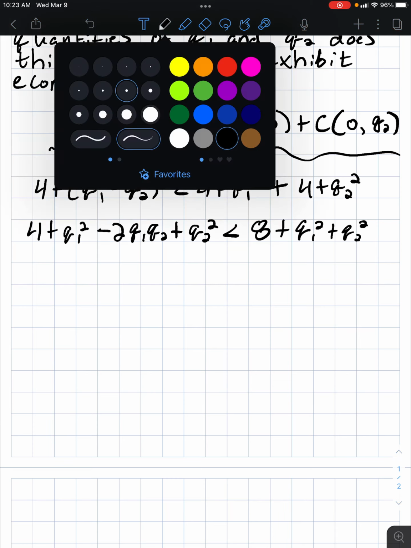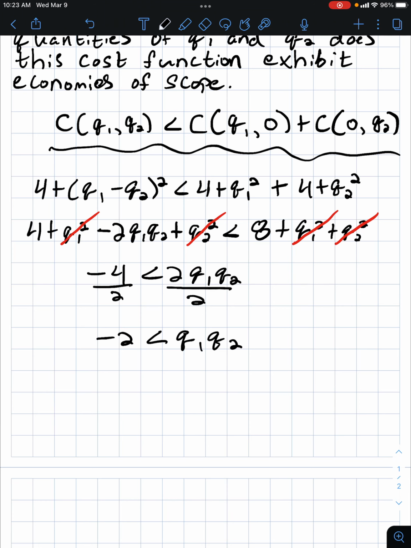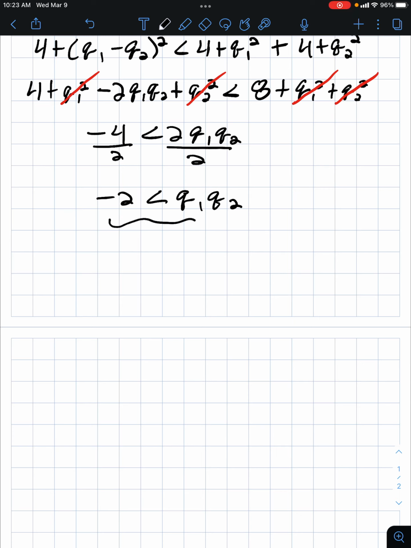Well, we can eliminate the Q1 squared and Q2 squared, and we can move our 2 Q1 Q2 to the right-hand side and subtract 8 from the left-hand side, so we get negative 4 is less than 2 Q1 Q2, and then if we divide by 2, we get negative 2 is less than Q1 Q2.